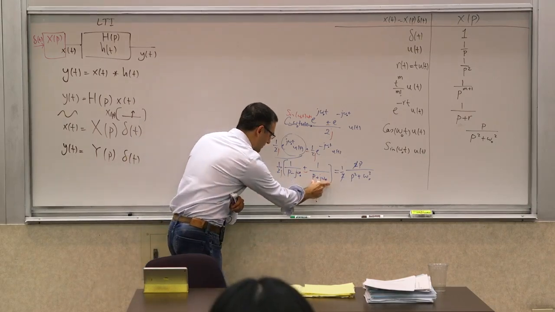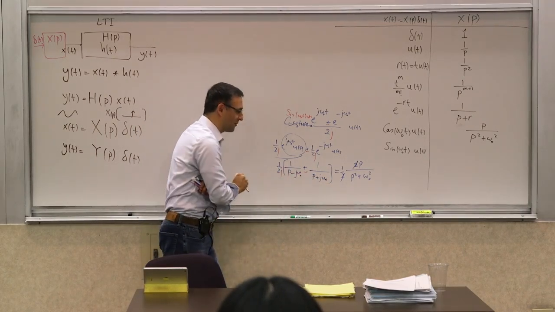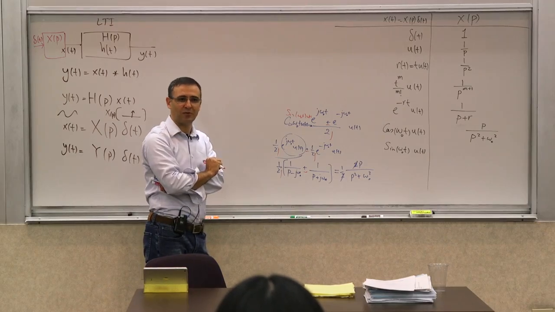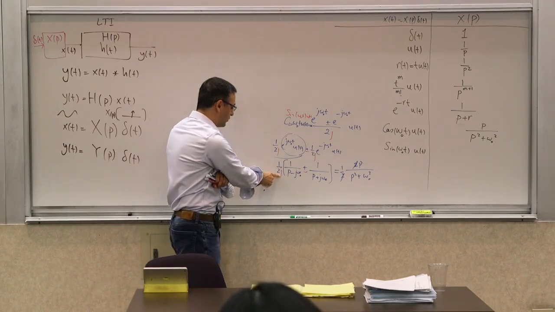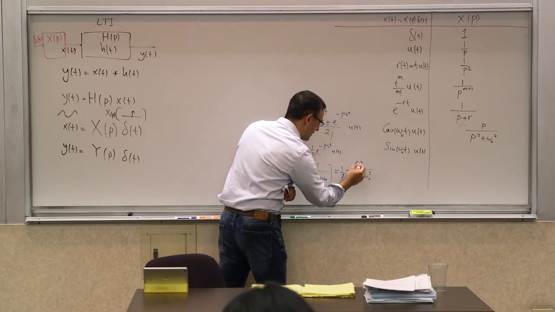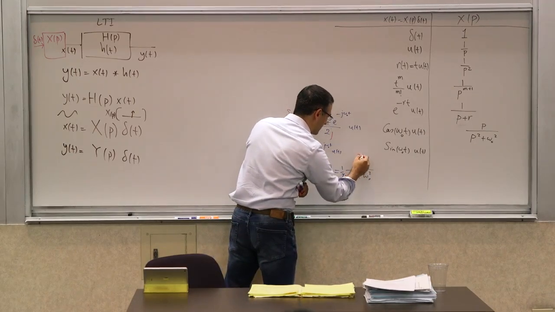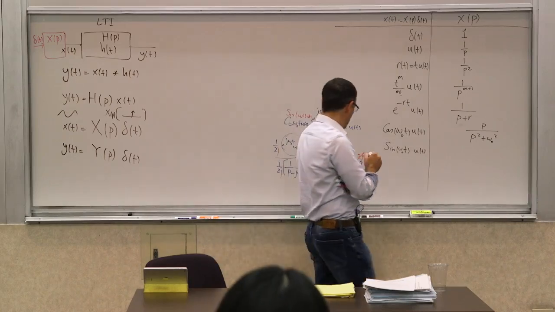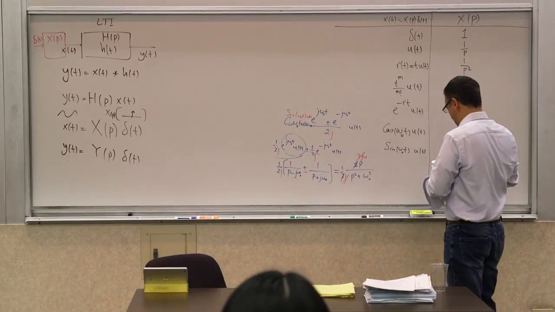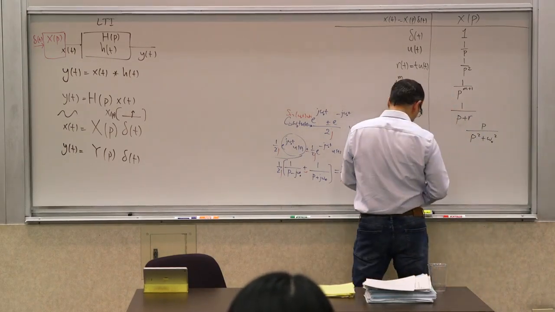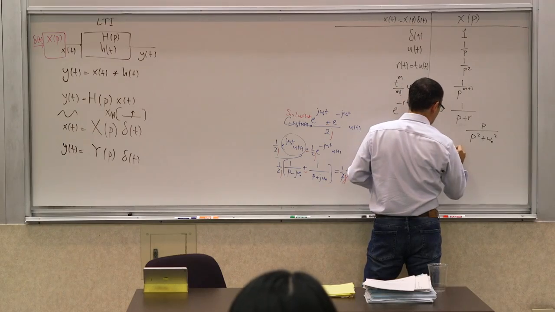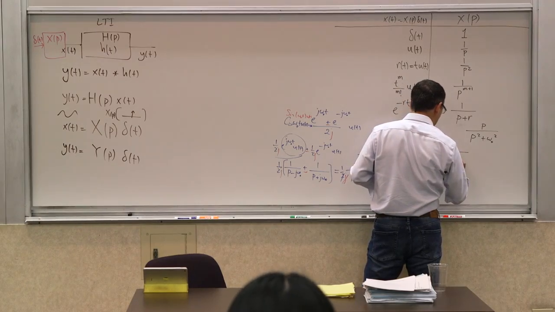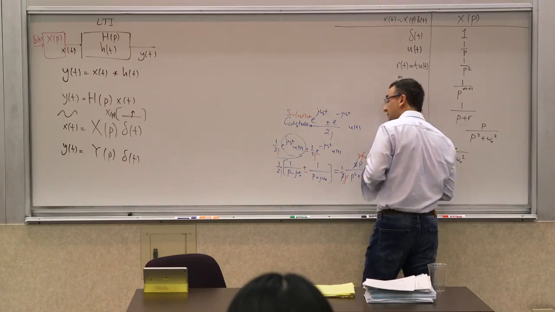What is this term minus that term? That denominator minus this denominator. 2j omega, right? And then you have a 2j here. So this becomes 2j omega. This 2j cancels that 2j, right? So you're left with what? Omega naught over p squared plus omega naught squared.